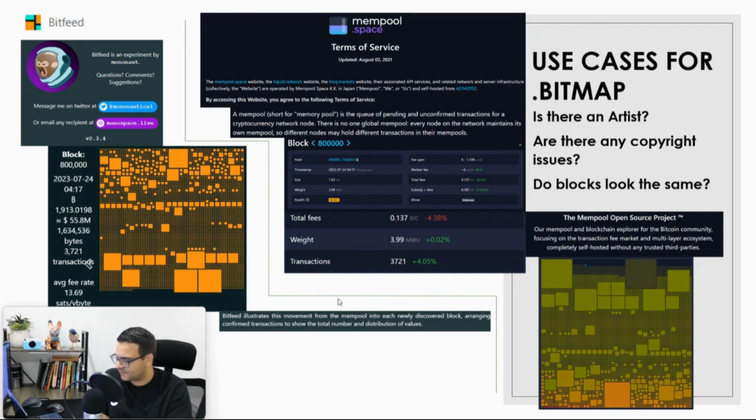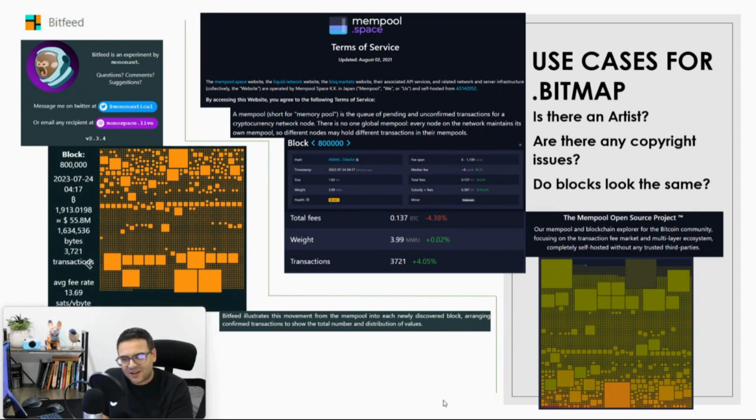So that's good. The other is the amount of transactions. They are both the same as well. Obviously, the block number is consistent as well. In this case, we reviewed the 800,000th block on both Bitfeed and mempool.